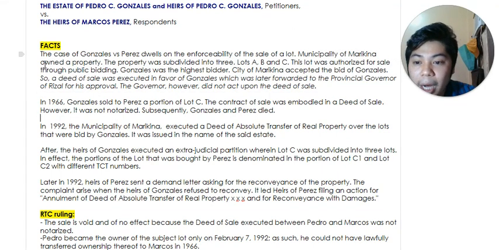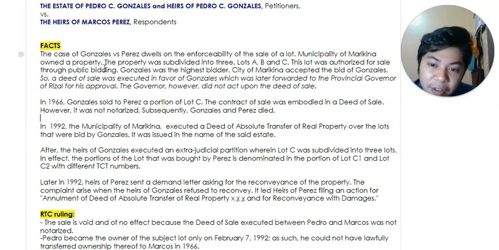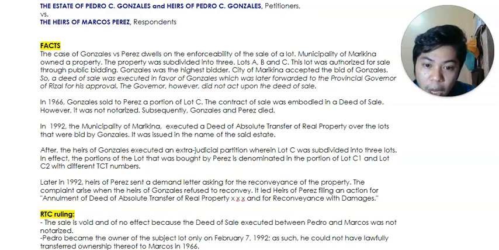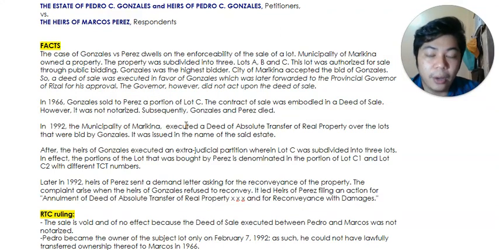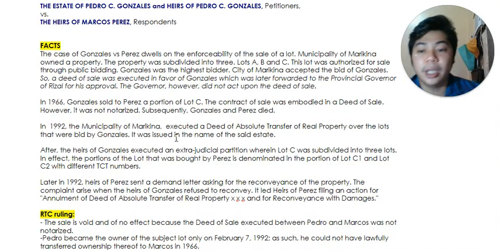The facts in this case are really 1 page, so I summarized it into maybe 10 or 11 sentences. That's the essence of a case digest.